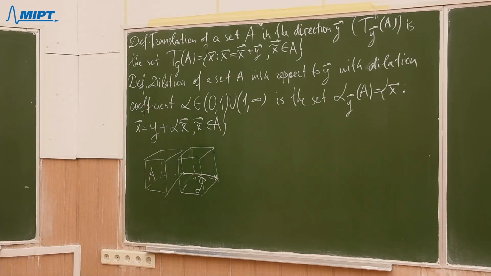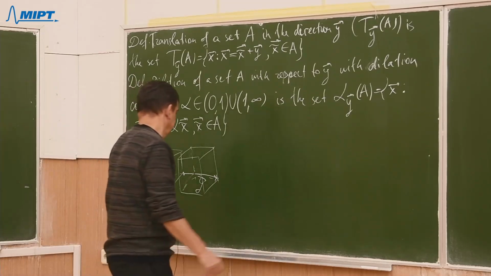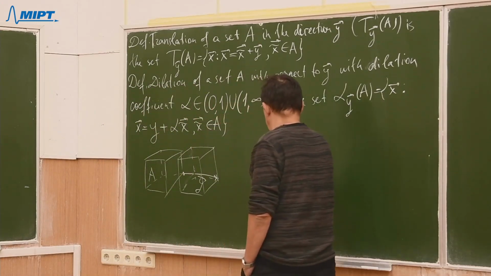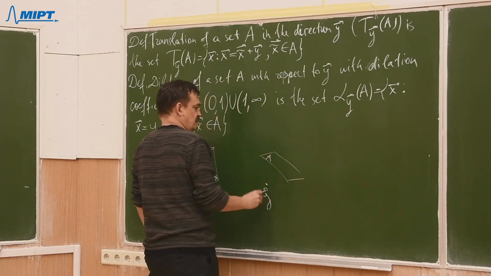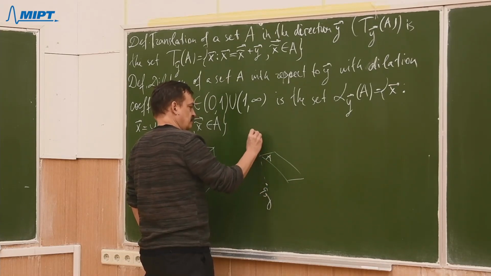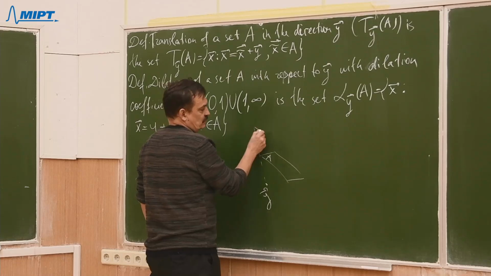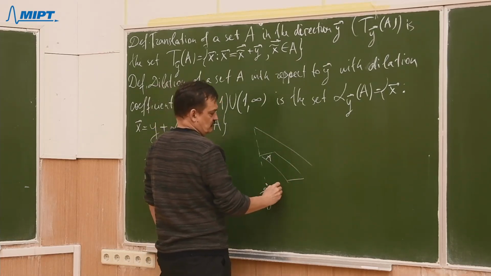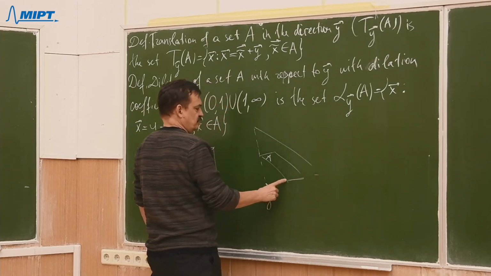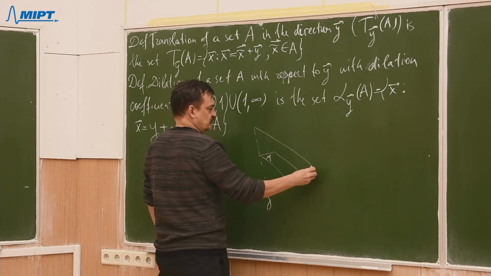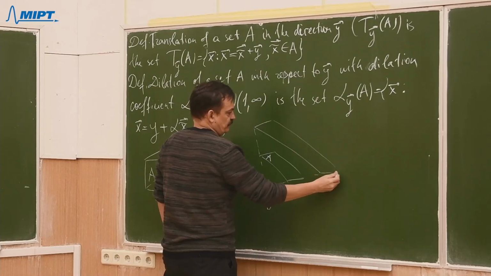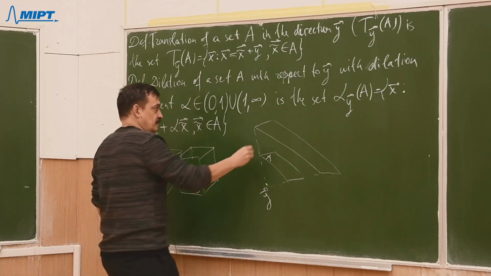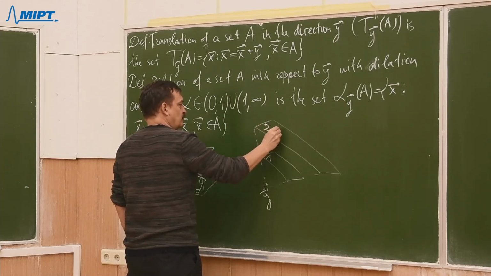That is translation to vector y, and dilation is, so we have vector y, we have somewhere here, let's say, the set A, and so if alpha is, let's say, 2, then everything is increased in 2 times, so this will be something like that. That is 2y of A.